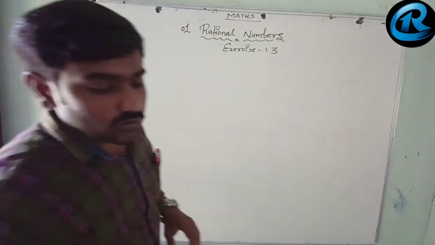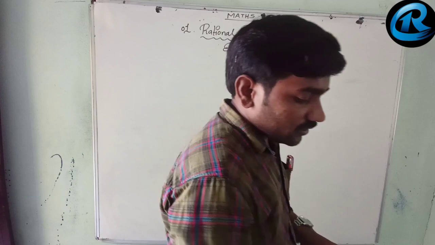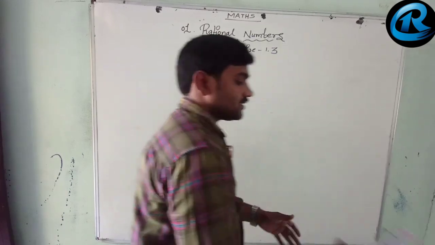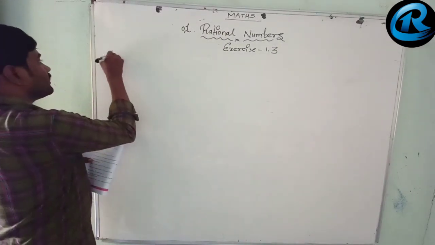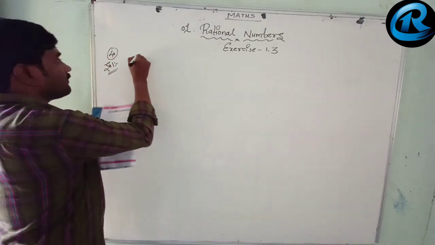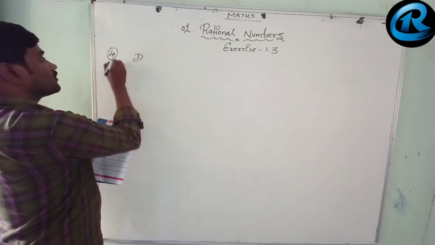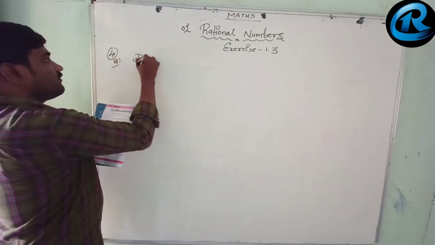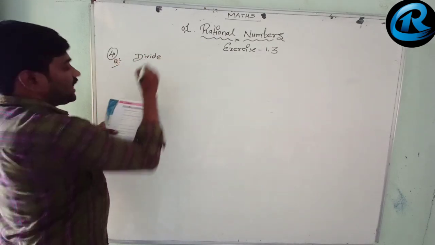Now we go for question number 4. Let us go for question number 4 here. Here I need to write the question because only then you can understand. Here the fourth question. He asked to divide.